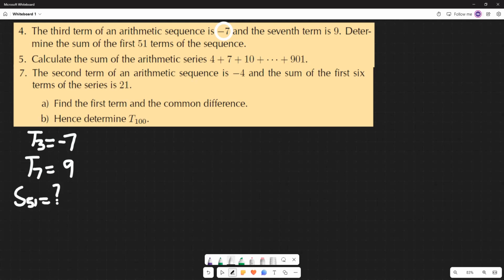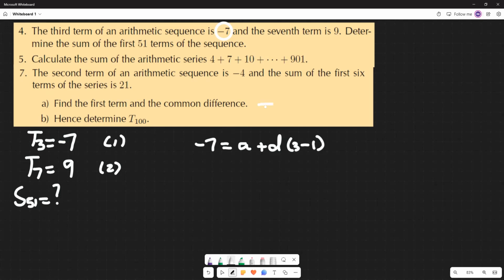Okay, so this is what I'm going to do here. I'm going to firstly determine the formula of the nth term using simultaneous equations, because this is my equation 1, that's my equation 2. So I know that -7 will equal A plus D times n minus 1, where n is 3.